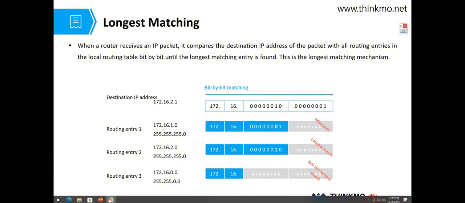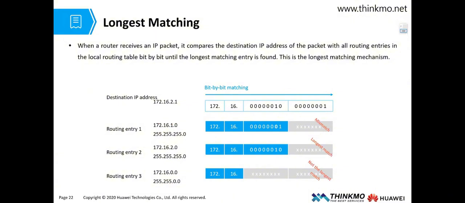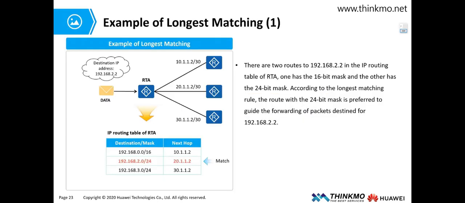If you still don't understand, let's look at a few examples. For instance, right now, the destination we want to reach is 192.168.2.2. In the routing table of our RTA router, there are two routes to 192.168.2.2, one has a subnet mask of 16, and the other has a subnet mask of 24. According to the longest prefix match principle, we should choose the one with the subnet mask of 24 for forwarding.